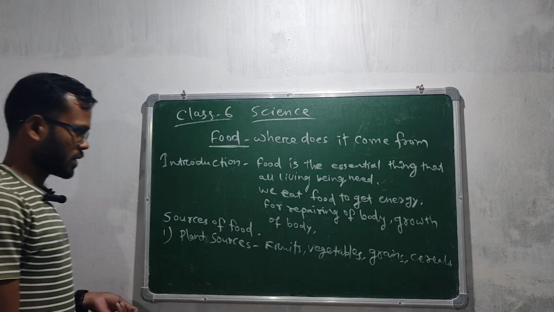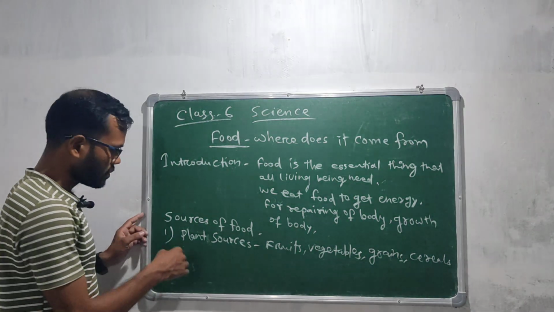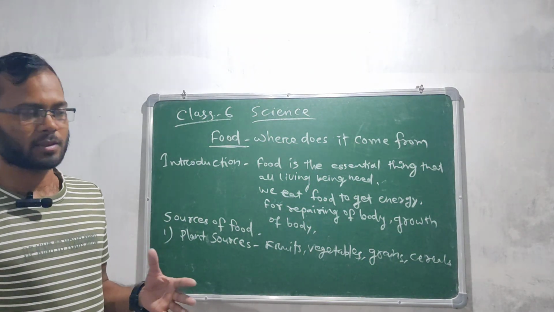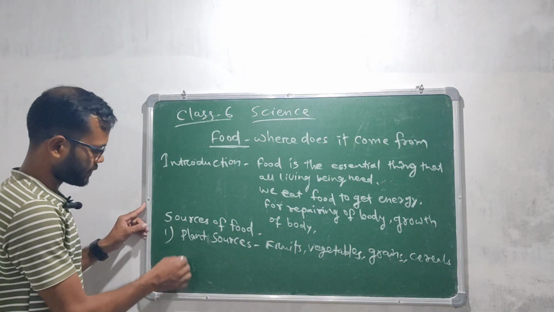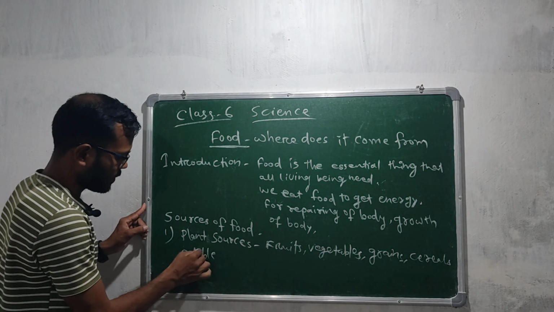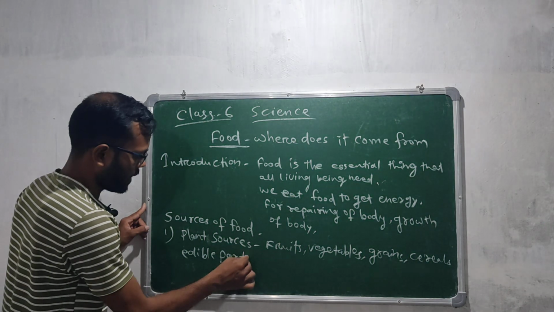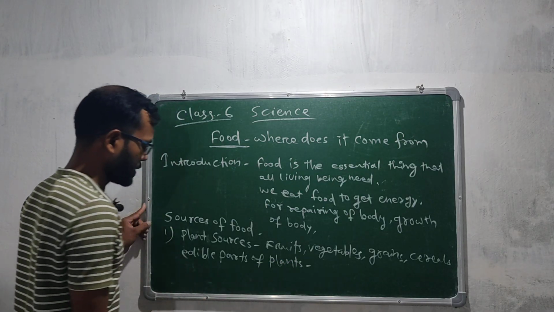These are the categories, the variety of food. What are the parts of the plant that we eat? These are also called the edible parts of plants. What are the edible parts of plants?